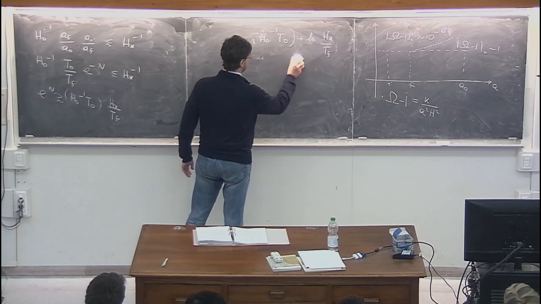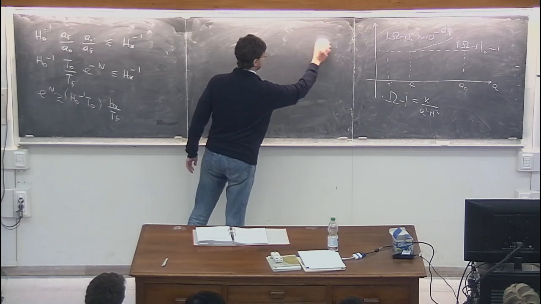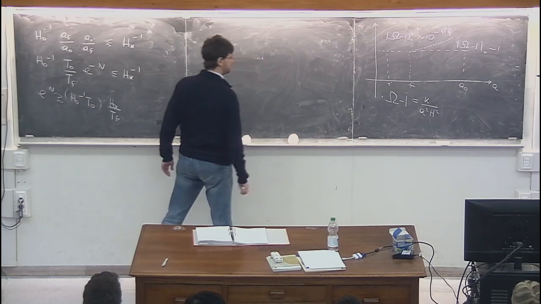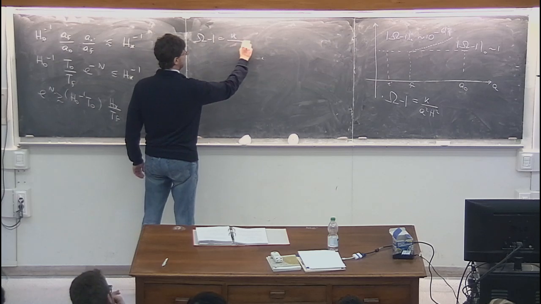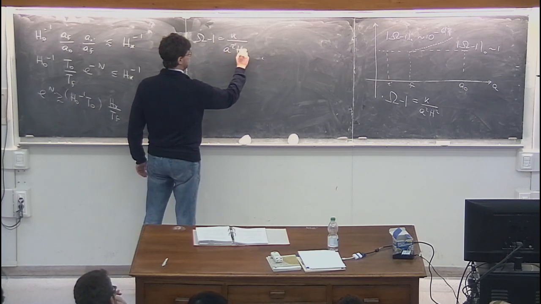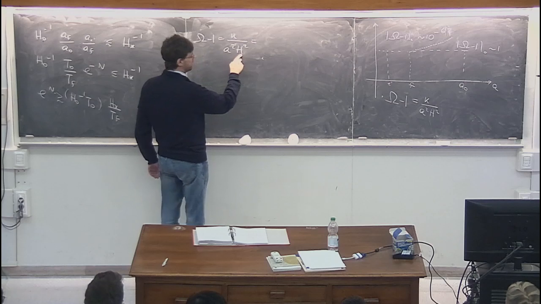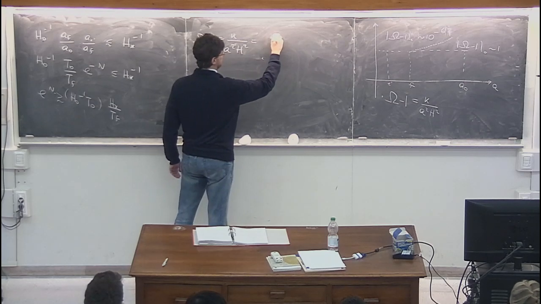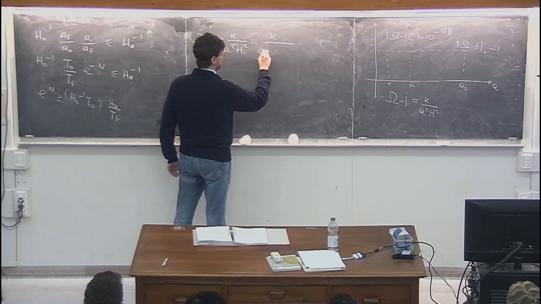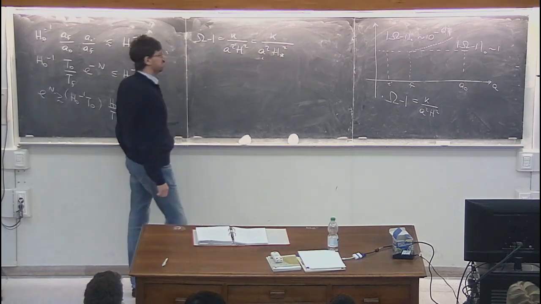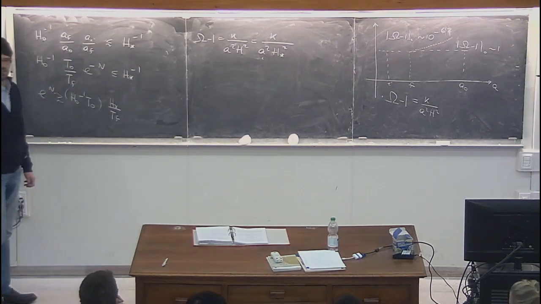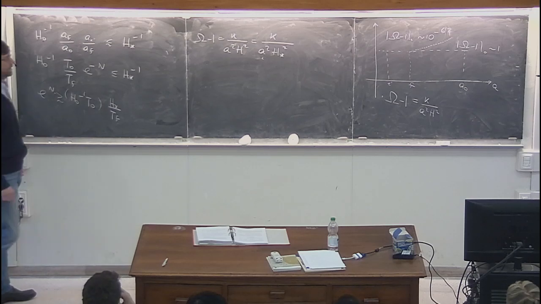And you will see that Omega minus 1 has a completely different behavior, because Omega minus 1 is k over a squared H squared, but the Hubble rate is constant, so I can write down H star squared here, because I'm assuming that the Hubble rate is not changing with time.